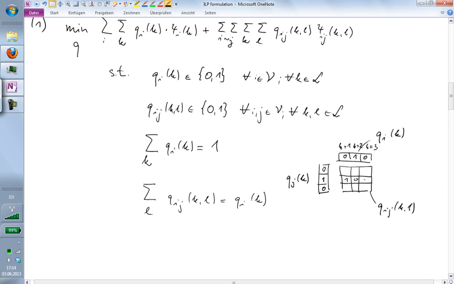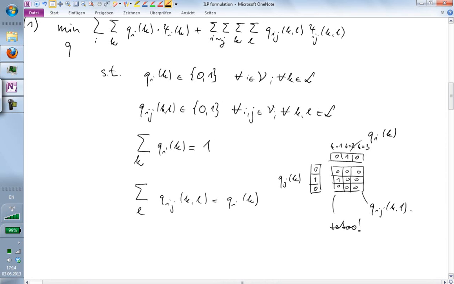A solution that would be taboo would, for example, be the one here. Can you argue why? Yeah, exactly. So qij, this is an indicator variable.